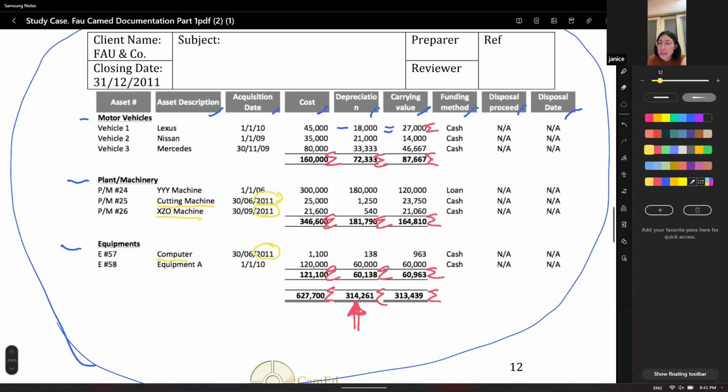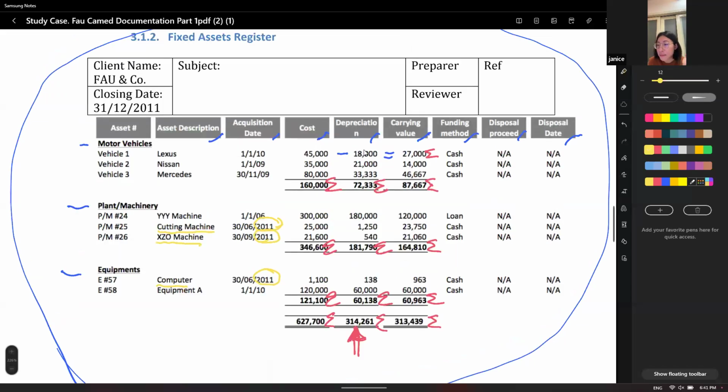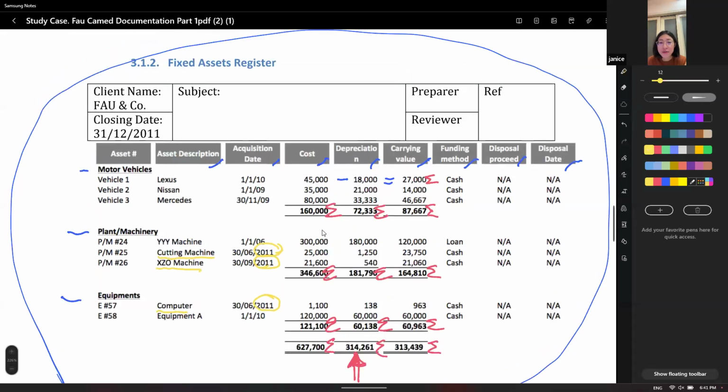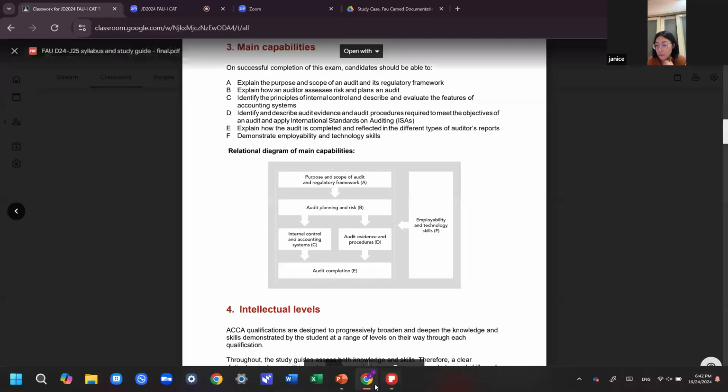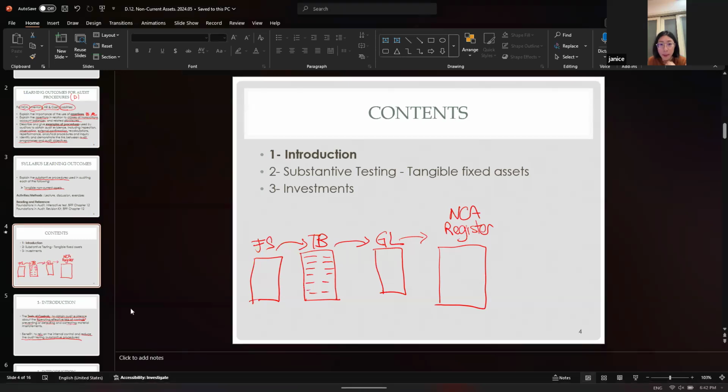Okay. Now, do you guys still remember, for fixed assets, is it the assertions for account balances or is it assertions for classes of transaction? When we talk about fixed assets, which type of assertion do we need to focus on? The balance.